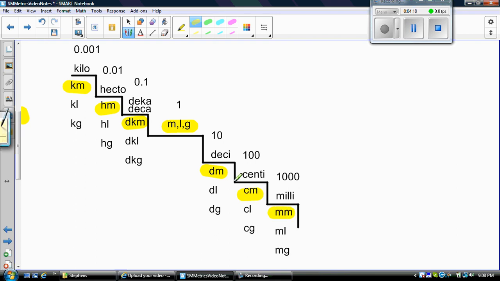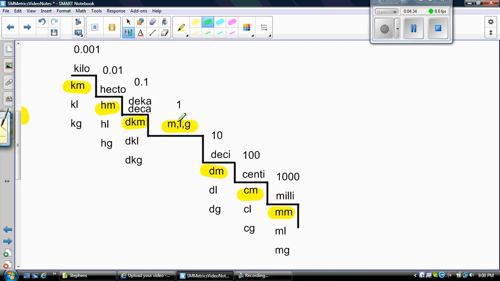And which unit we'll use will depend on the size of the distance. So like I said, if we're doing long distances from Denver to Dallas, we're going to use kilometers. If we're using small distances, like the distance from eyelash to eyelash, we might use milli. If we're looking at the length of our finger, we might use centimeters. Okay, so this gives you an idea of what we'd use them for.